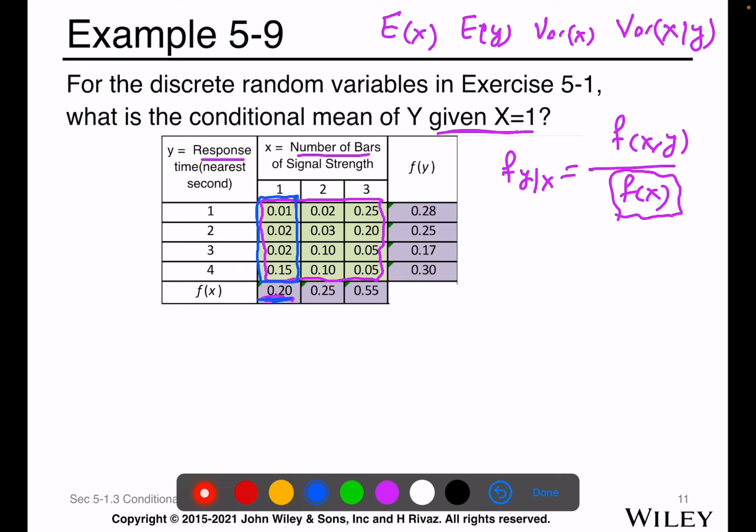Similarly, I add up these 4 numbers to get 0.25, and the last one is 0.55. Note that the summation of these 3 numbers is 1, and it must always be 1. So this is only the PDF of x. Here we don't have y anymore.